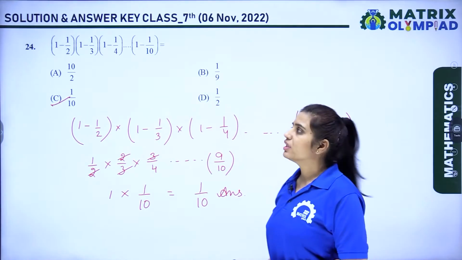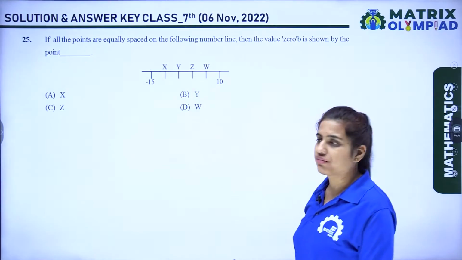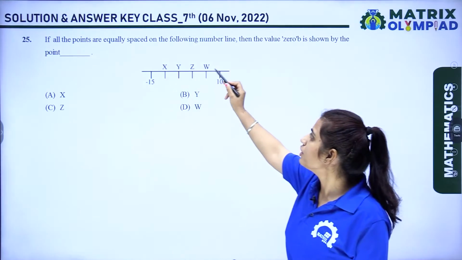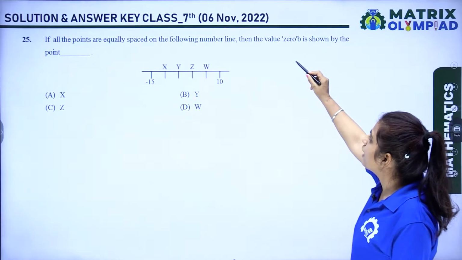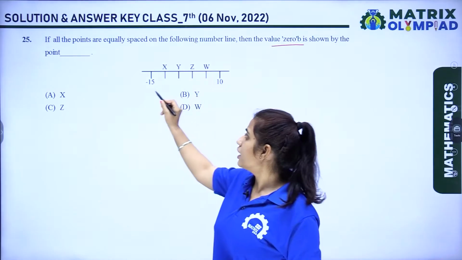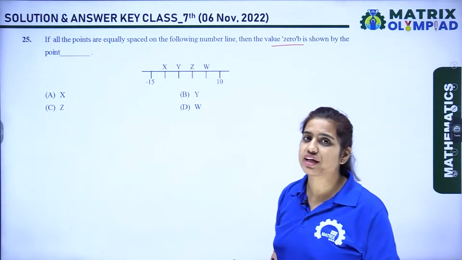Now let's begin with the next question. Question number 25. If all the points are equally spaced on the following number line, then the value 0 is shown by the point dash. Here 1 division is equal to 5 units.